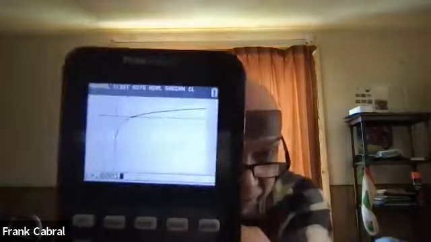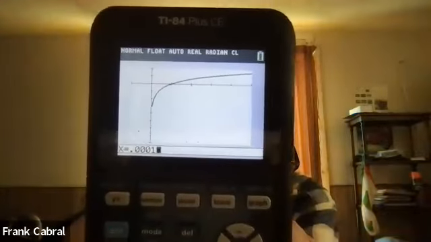So I'm going to go second, calc, value, 0.0001. Right there. And then I'm going to press enter. And this is telling me that my y value, or my functional value, f of x, is negative.